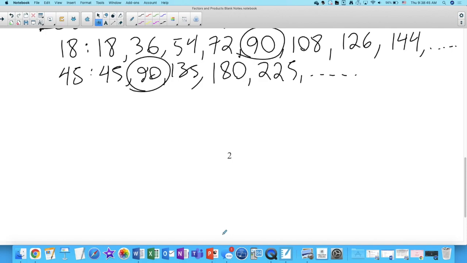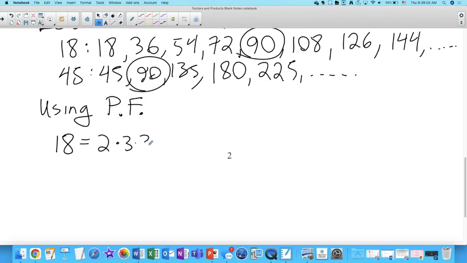We already prime factorized 18 and 45 when we were finding the greatest common factor. 18 is 2 times 3 times 3, and 45 is 3 times 3 times 5. We did that a few minutes ago.